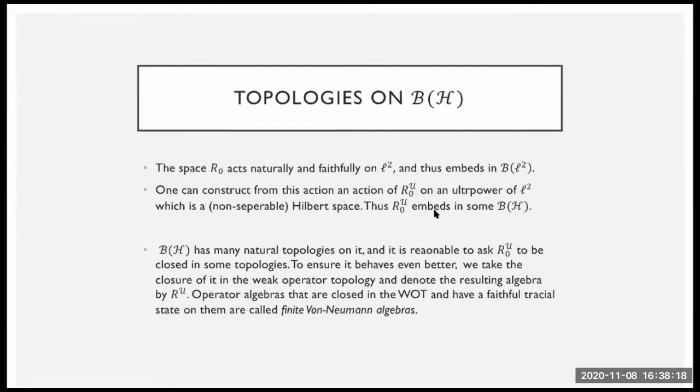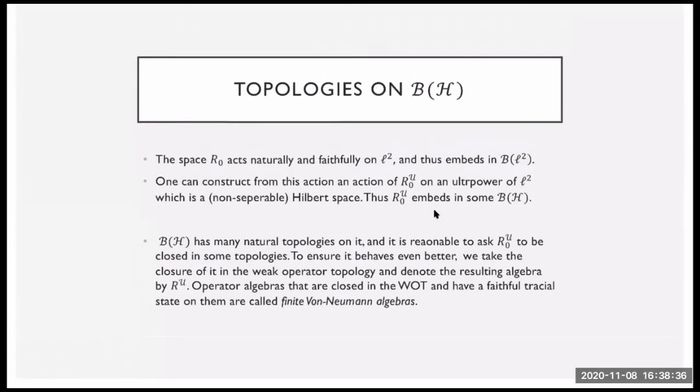So you just take this closure with respect to the weak operator topology, and you get some bigger algebra. And this bigger algebra, here it's called R to the power of U. Okay, I need to open my iPad. Okay, great. So this is R to the U. It has a very famous name.